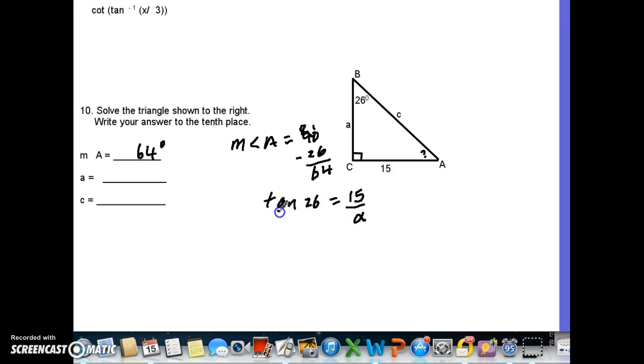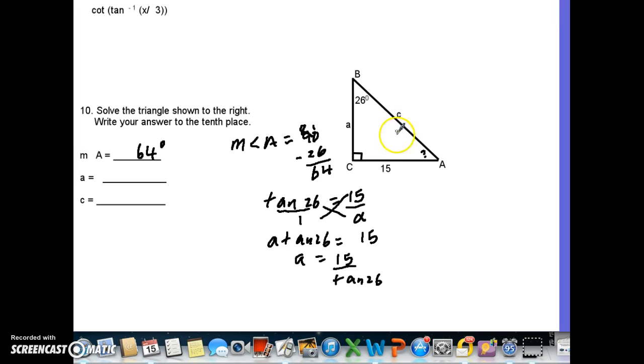So by cross multiplication, I know we've done this kind of thing before, we get A times tan 26 equals 15. Divide both sides by tan 26, and we get A equals 15 over tan 26. And we just simply have to work that out.